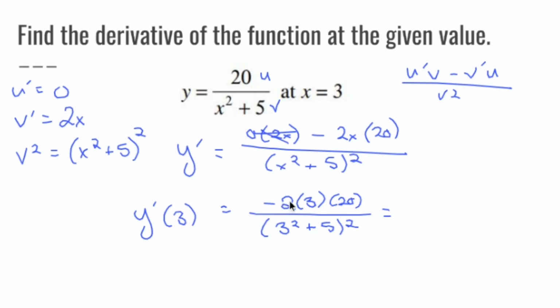So I have negative 6 times 20, so negative 120, over 9 plus 5, which is 14, squared, 196.